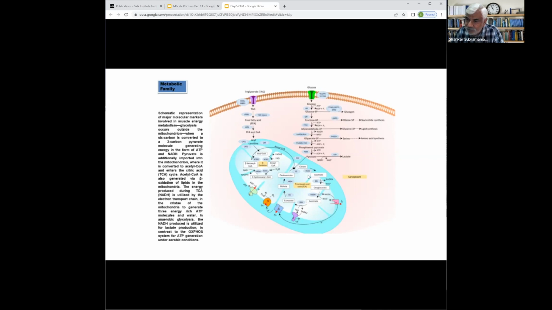Now, metabolism is the key to producing energy. If you recall my 4-unit diagram, excitation-contraction coupling, mechanical family, metabolism, and signal transduction, metabolism plays a key role in providing the energy required for all the other muscle functions.